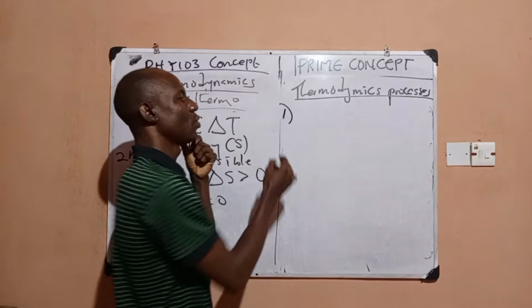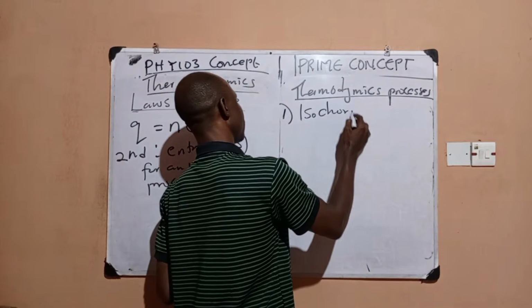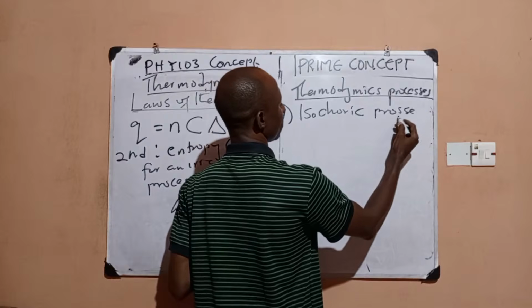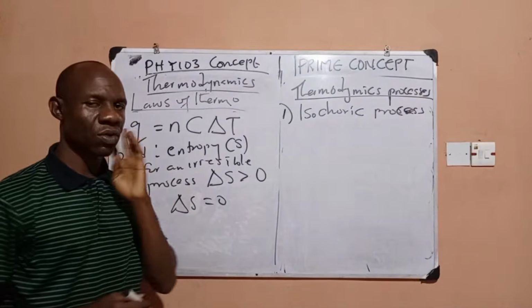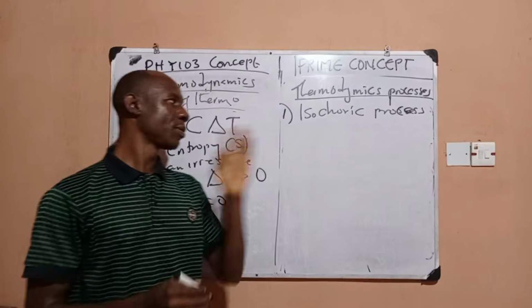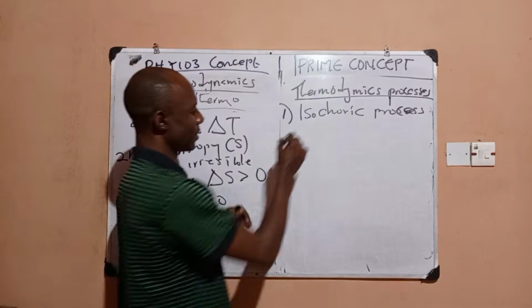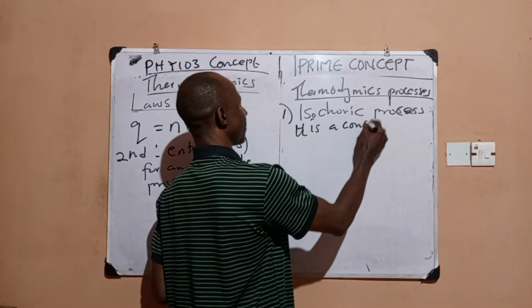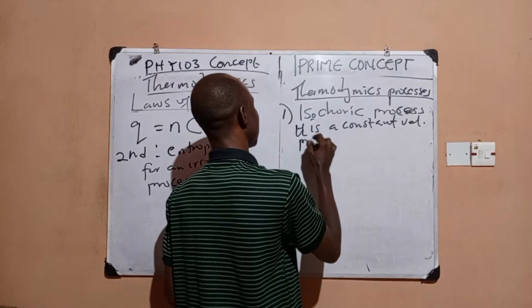Number 1 pathway is an isochoric process, or you can say pathway. What is an isochoric process? It is a constant volume process.